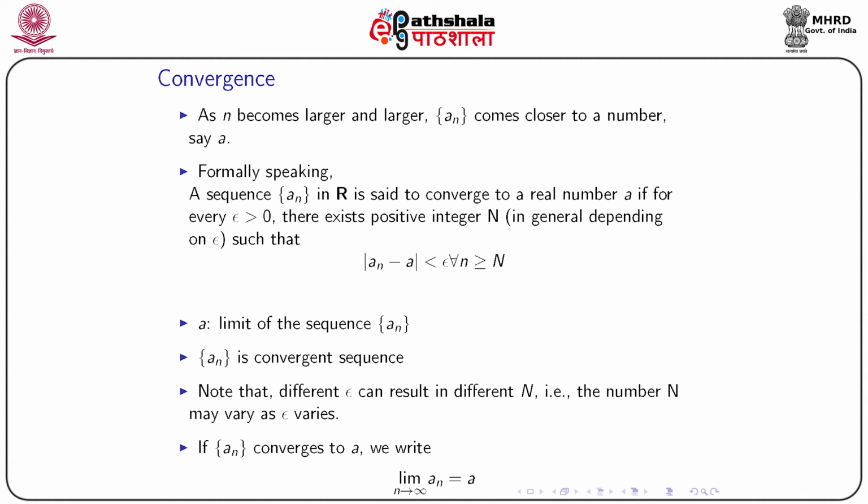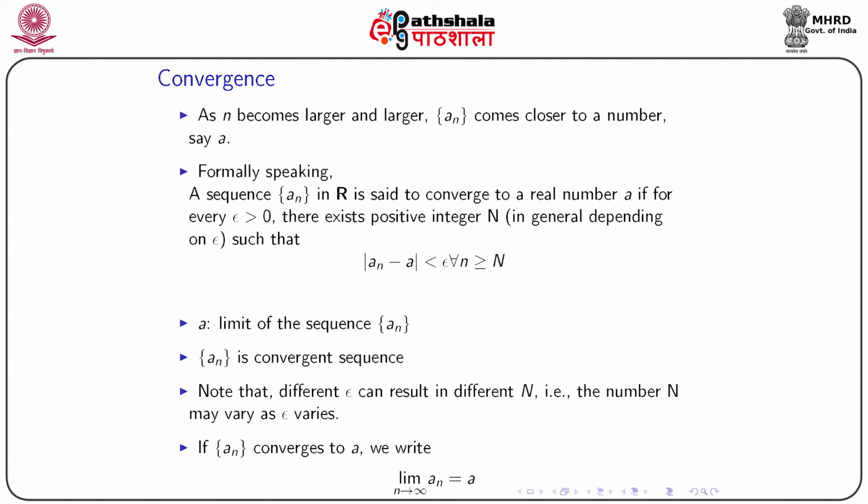Now the formal definition of convergence: a sequence an in R, so we are talking about a real number sequence made from real numbers, is said to converge to a real number a if for every epsilon greater than 0 there exists a positive integer N, in general depending on epsilon, such that whenever small n is greater than or equal to capital N, mod of an minus a is less than epsilon.